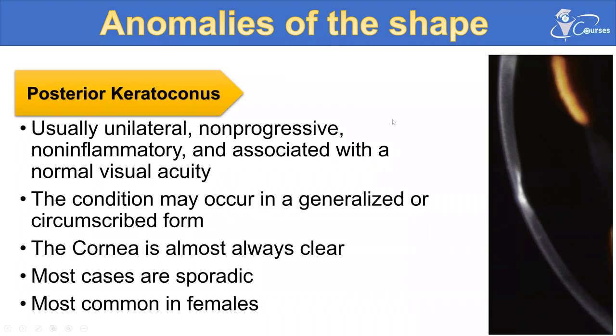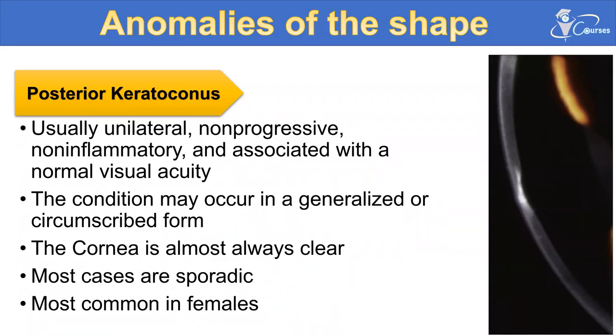Okay, so the posterior keratoconus will be either limited, what's called the circumscribed form, with increasing curvature in a limited part of the posterior surface, or it will be generalized, involving the entire posterior surface. Again, I can't stress enough that the cornea is almost always clear.